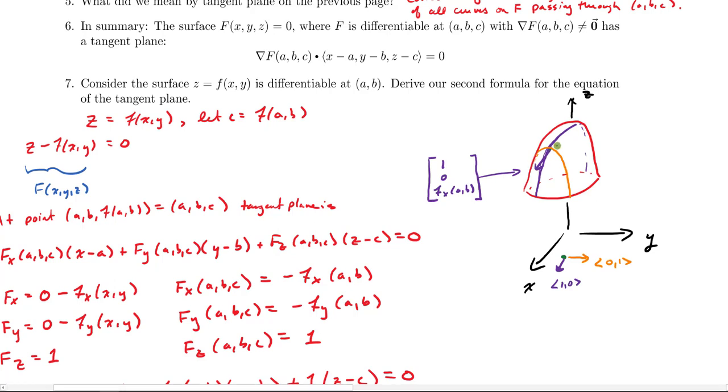And if we did that, then we could come up with this tangent vector right here, where this tangent vector says we're going to step 0 in the x direction, 1 in the y direction, and then ask the question, as we do so, how do our z values change? And the answer to that would be just the directional derivative in the direction 0, 1 at the point a, b for our function. But folks, what I'm telling you is that this is the same thing as just computing f sub y of a, b. Okay? So I'm going to replace that here.